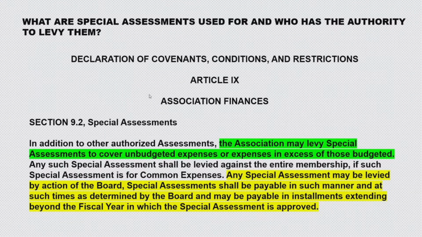Any such special assessment shall be levied against the entire membership if such special assessment is for common expenses. Any special assessment may be levied by action of the board. Special assessment shall be payable in such manner and at such time as determined by the board, and may be payable in installments extending beyond the fiscal year in which the special assessment is approved. Next slide, please.